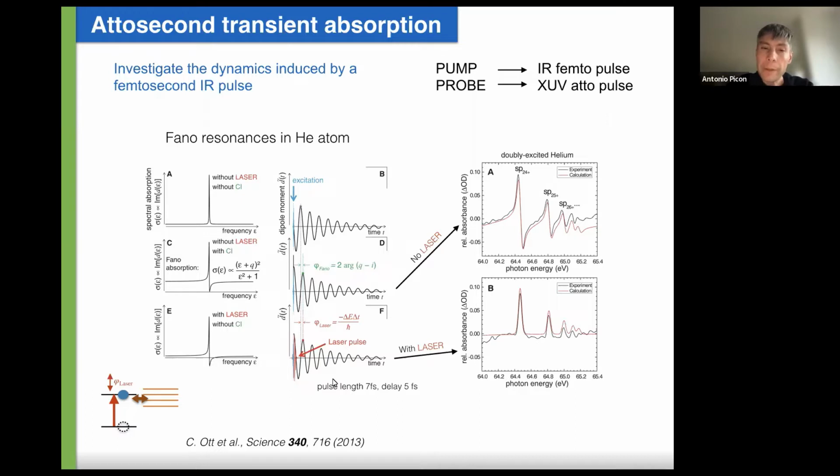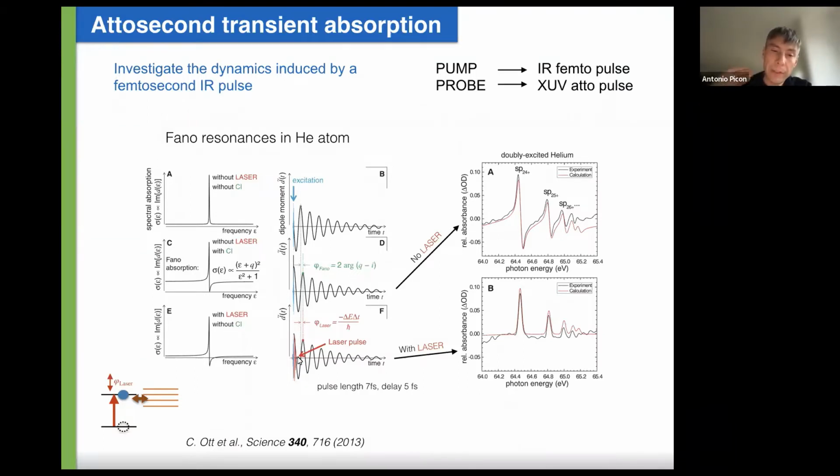Now, what they realized in this experiment is the following. Imagine that right after the excitation, I have my dipole that is oscillating. During this oscillation, right after, I'm going to send an infrared pulse.